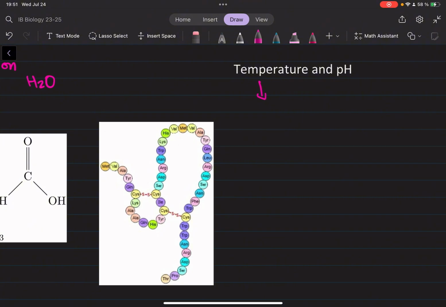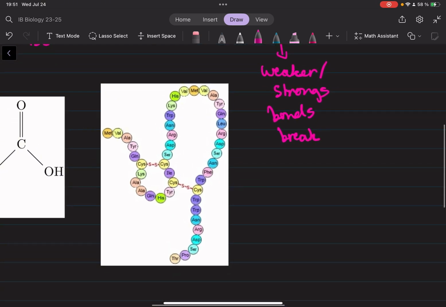But as you increase the temperature, weaker and then stronger bonds can start breaking. So for example, if we take this polypeptide chain, and we see this disulfide bond, which is a weaker bond, that can then be broken as the temperature increases.